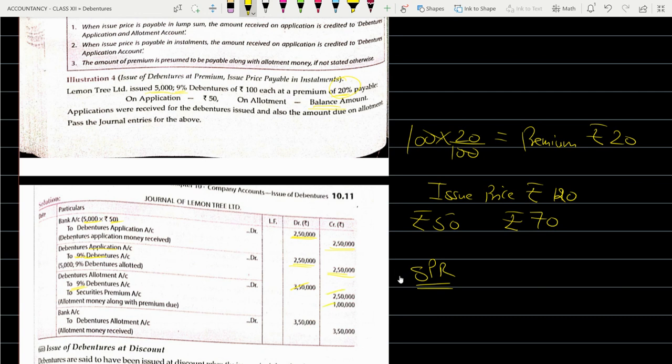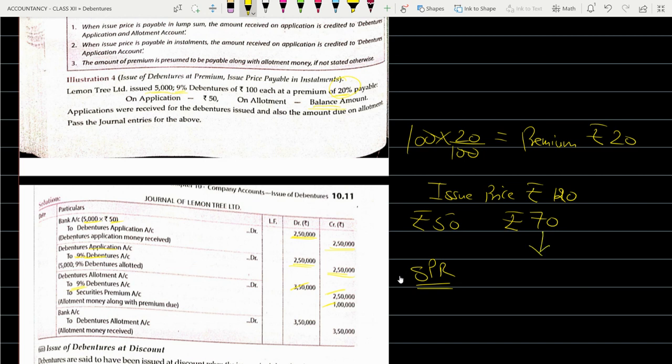Now you may ask, how did I get an amount of rupees 3 lakh 50,000 altogether in the debenture allotment, and how the amount gets split up into 2 lakh 50 and 1 lakh? Quite simple. What is the allotment money? It was 70 rupees. Okay, so the question is silent on where the premium amount is, obviously it will be on the allotment.